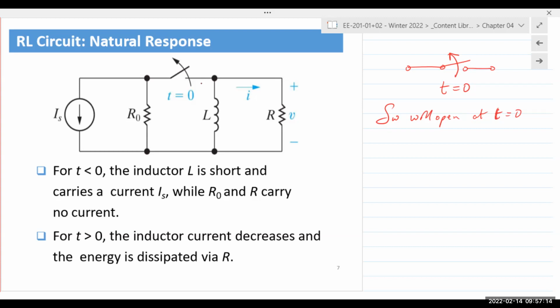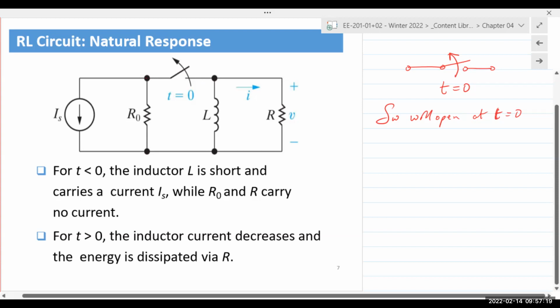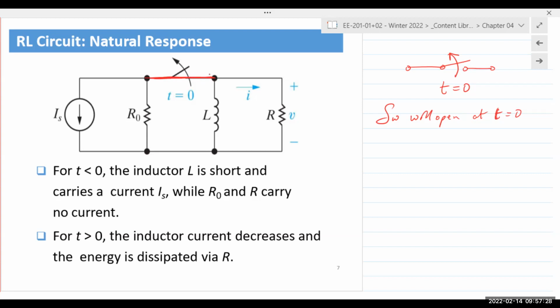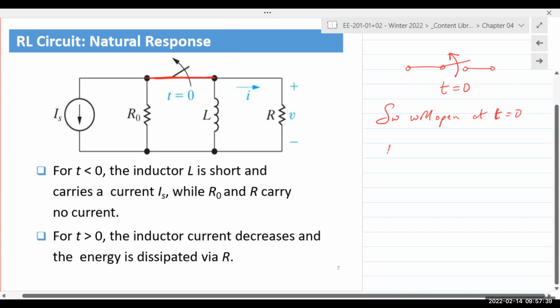When the switch was closed prior to time t equal to 0, the source was connected. Now, most of these problems will tell you to analyze the circuit after the switch is either flipped open or flipped closed at time t equal to 0, meaning that t equal to 0 indicates the start or the beginning point of analysis.